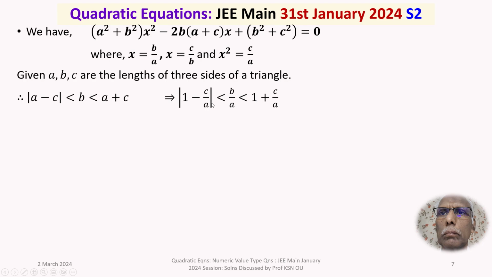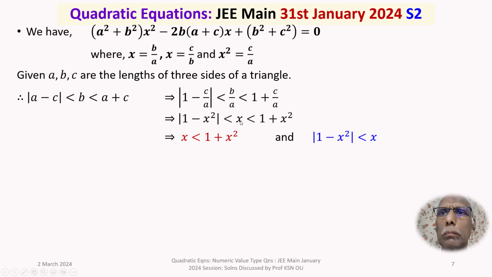Now we write down x square for c by a, and for b by a we write x. So this implies modulus of 1 minus x square is less than x is less than 1 plus x square. We write this down as two inequalities.